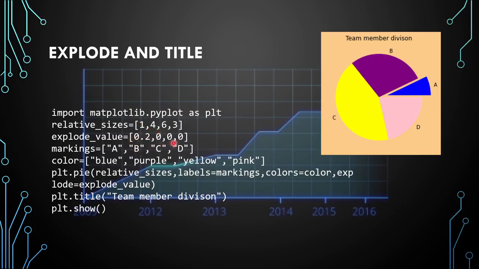You can experiment on your own, and 0, 0, 0 means B, C and D are not exploding. So these are the corresponding relative values. Now the color, as I showed you, and there is an explode option: plt.pie explode equal to explode_value, the name of the list which contains the values of explode.